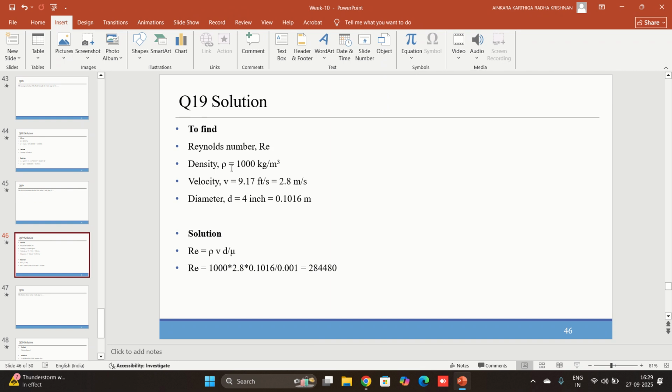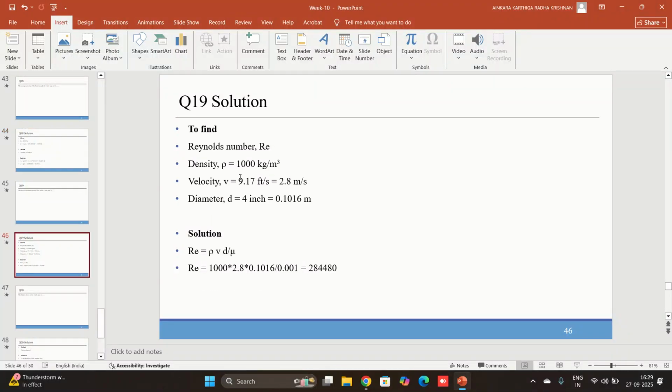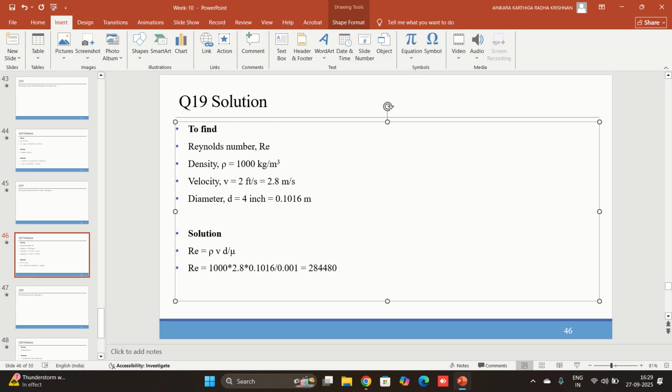So it is, okay, I messed up here. 2.29. So Reynolds number is Re, and density is 1000 kg per meter cubed, and V is 2.29 feet per second. Feet to meter: 1 foot is equal to 0.3048 meter.